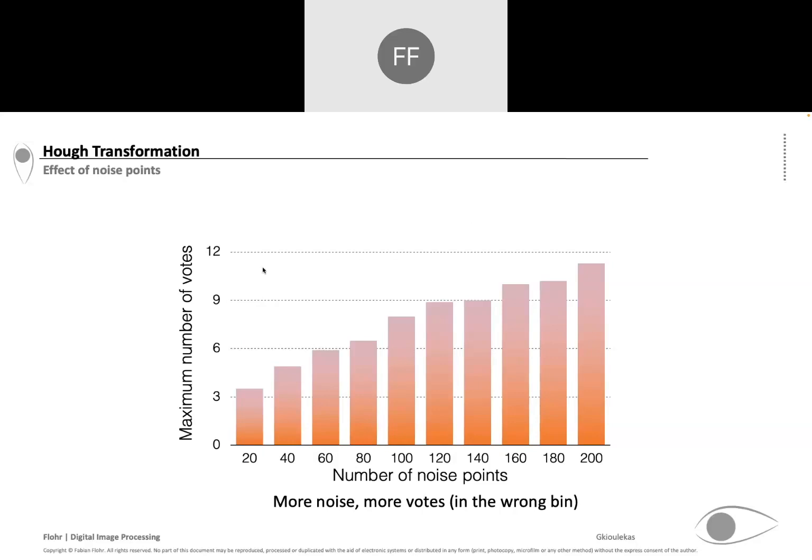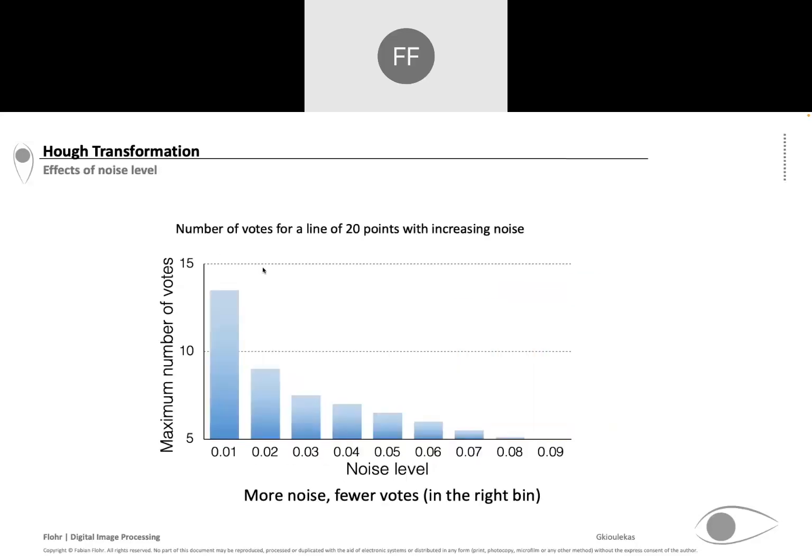And if you now increase the number of votes, for example, by making the sigma parameter in the Sobel operator smaller, you will get more features, more edges, but also more noise. So you will fill up the votes in all accumulator cells, and for that you also need to increase the threshold level to make sure that you're selecting the highest vote, the right vote, at the end.